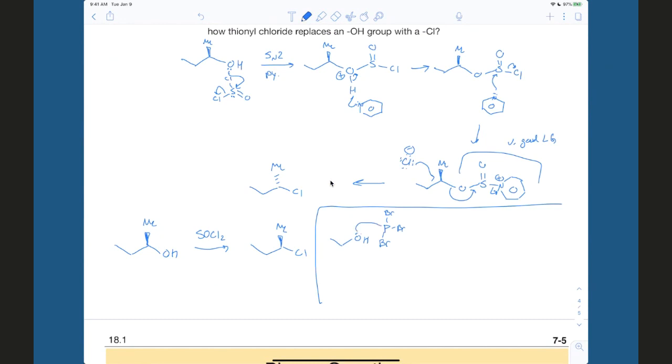So we can have the alcohol do an SN2. And now the counterion bromide directly does the next SN2.